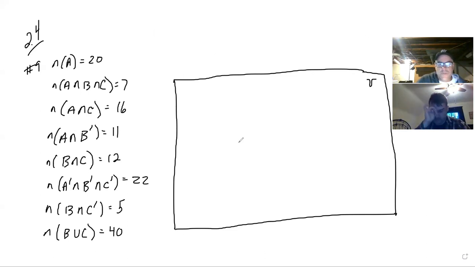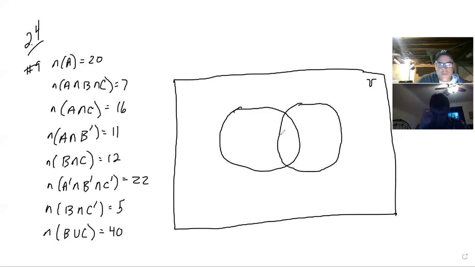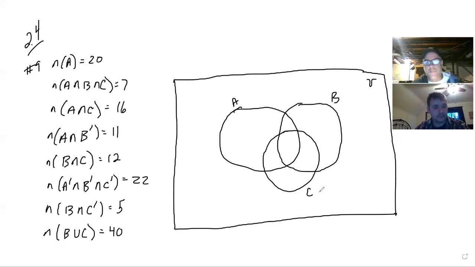All right, so we got 3 sets, interlocking circles, A, B, and C. So what we want to do is figure out what each region, and we have 8 regions, the number of elements that would be in each region.